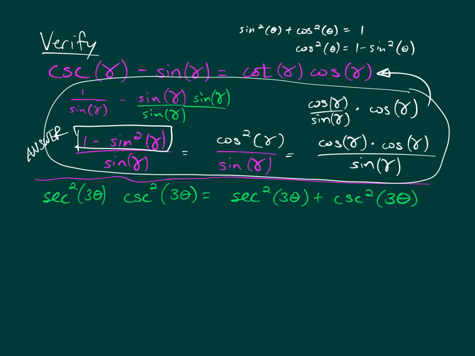So you can see this will take a little bit of work to verify these identities, and it's just going to take a lot of practice and a lot of playing around before you will fully 100% understand how to verify. This one I'm going to leave for you to try. We will pick up here in class.